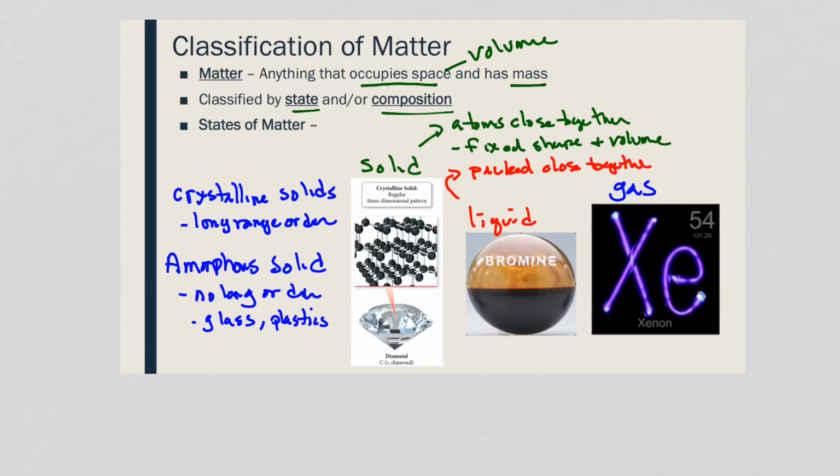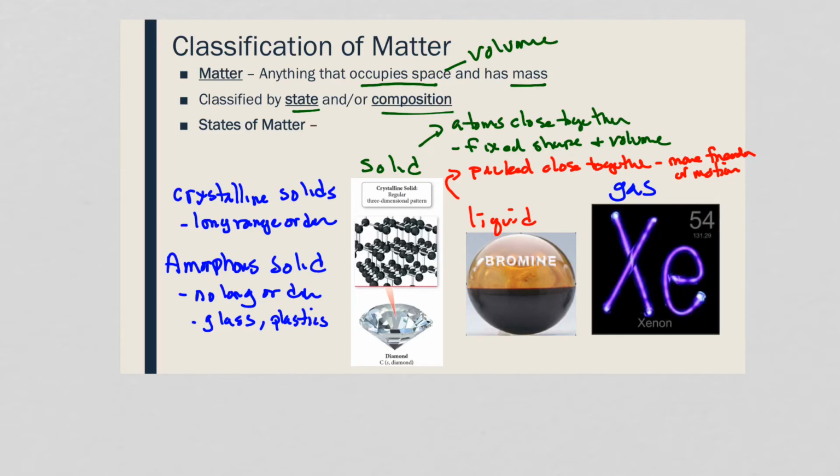So very much like a solid, the molecules are packed very close together, but they do have more freedom of motion. So where solids, the atoms or molecules that make up a solid can simply sort of vibrate in place, in a liquid, while they're close together, they have the ability to slide around, to move next to each other, to move past one another.